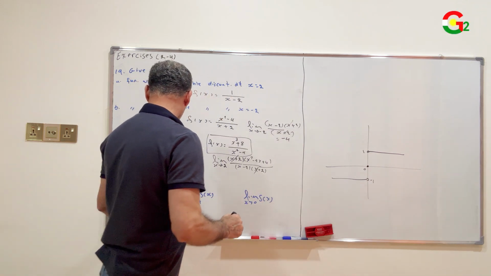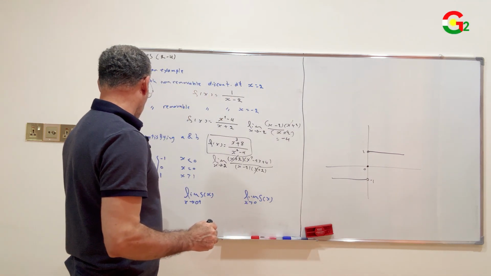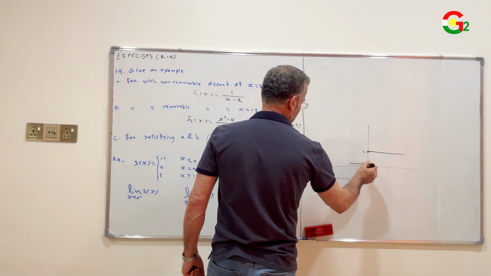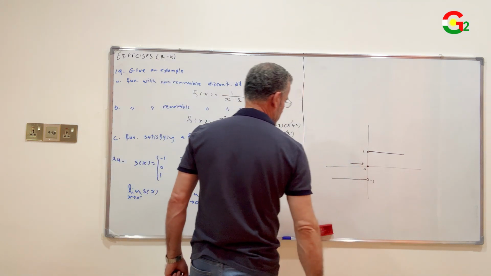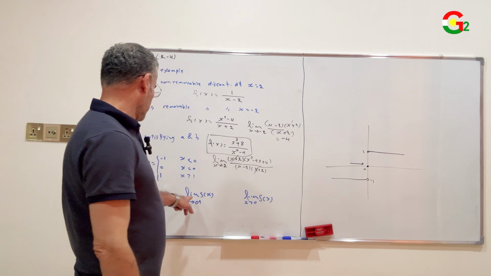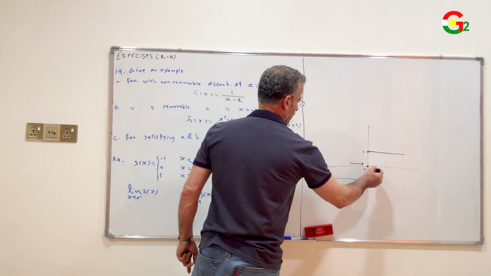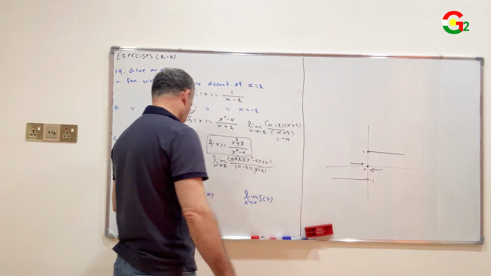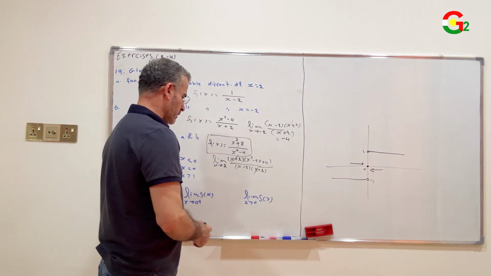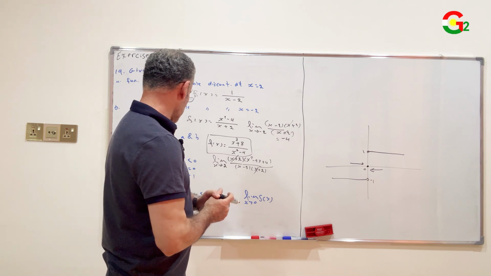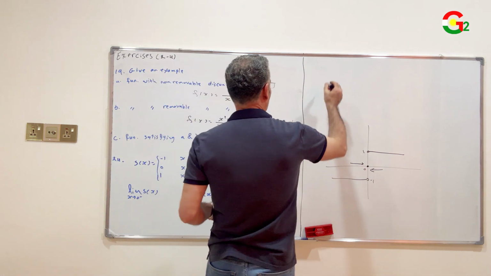The limit for s of x when x approaches 0 from the left, as you see graphically, the function is -1. Limit of s of x when x approaches 0 from the right, the function is 1. Therefore, the limit when x approaches 0 for s of x does not exist.